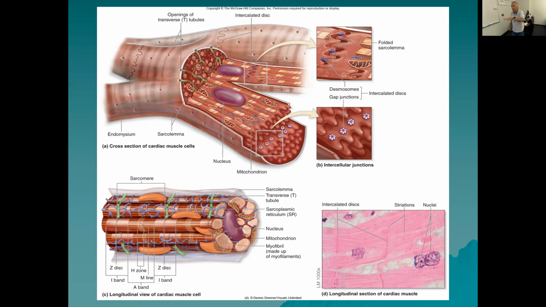And actually, most of the calcium that triggers cardiac contraction comes from the outside, from the interstitial fluid, and flows into the cardiac cells. That's one of the reasons why the calcium concentration in your blood and interstitial fluid is so important. Because we're going to see that the more calcium comes into your heart, the stronger the resulting contraction.